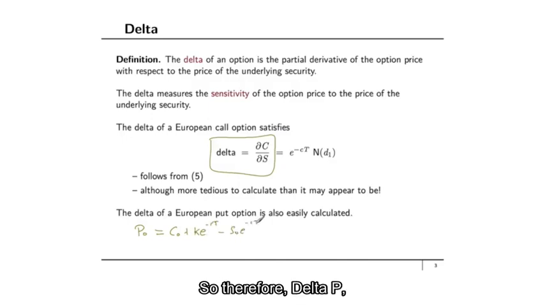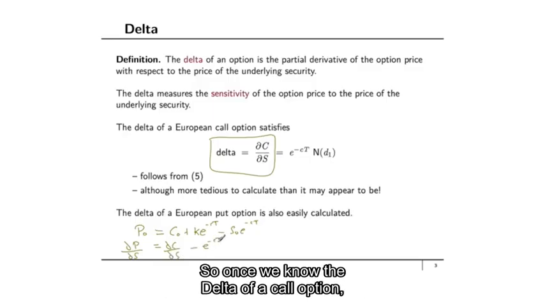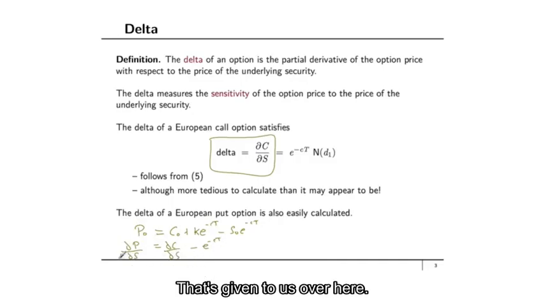And so therefore, ∂P/∂S is equal to ∂C/∂S minus e^(-cT). So once we know the delta of a call option, which is given to us here, we can easily calculate the delta for a European put option as well. It's given to us over here.